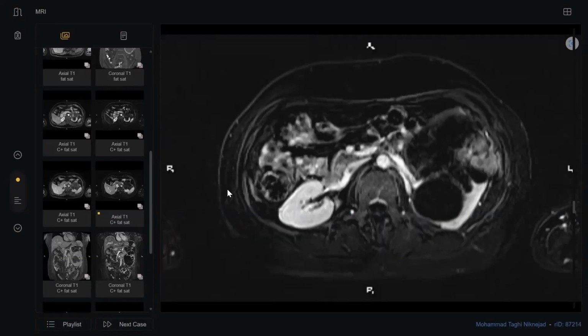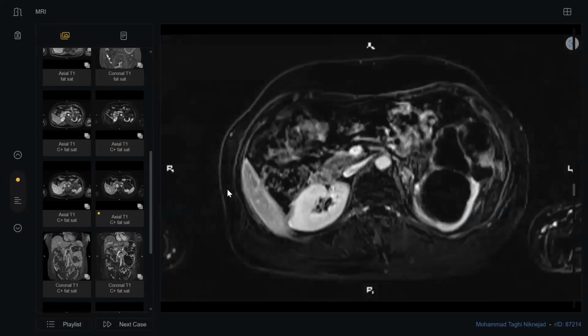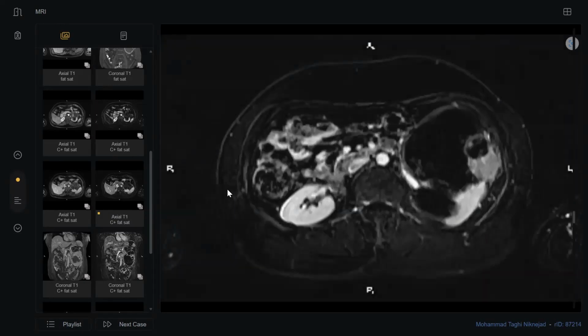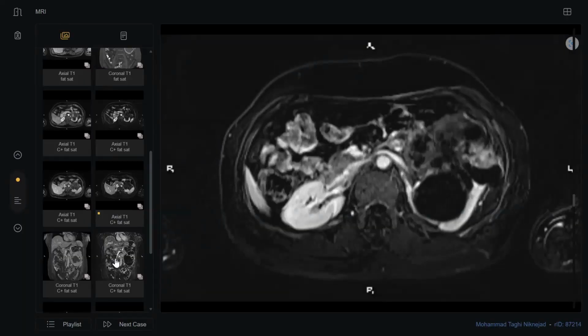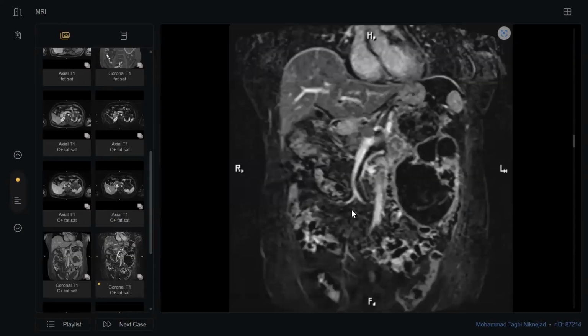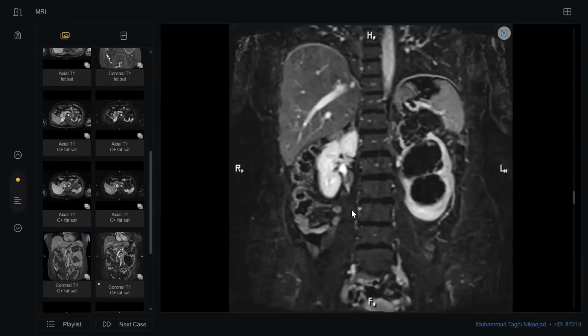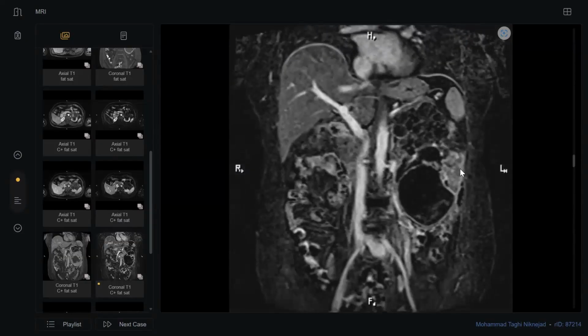Thank you, doctor. You did very well. Most likely this is a renal cell carcinoma, but look here, it is less enhancing than the kidney itself. Look here, my colleagues. This is the kidney, a very bright kidney tissue, but here the tumor itself is less enhancing.